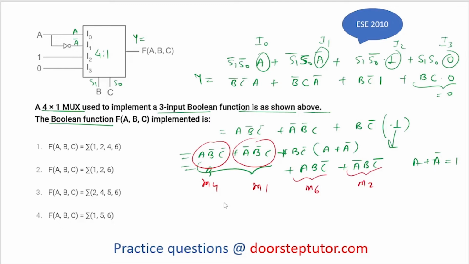So we can write it as a summation of minterms 1, 2, 4, 6. So that is the expression of function A, B, C. So from the given options, 1, 2, 4, 6 is the right answer. The first option is going to be the right answer. So as you can see, we can implement any given function using a 4x1 mux.